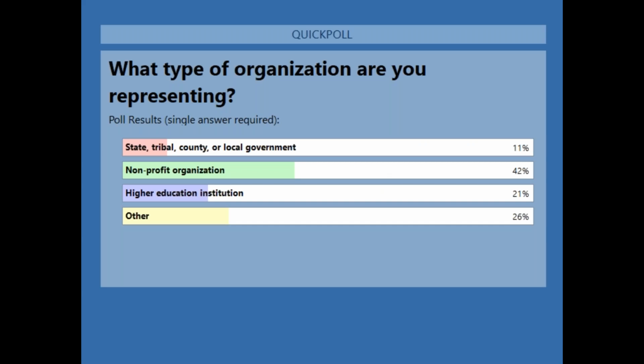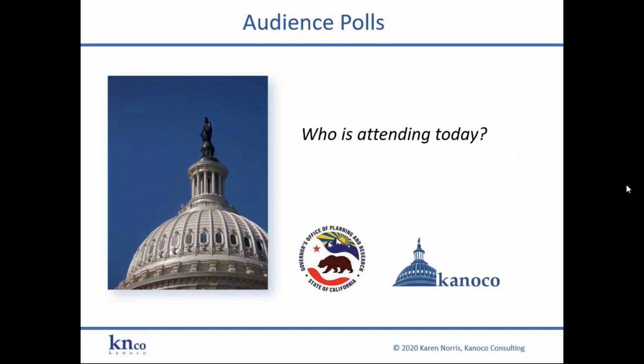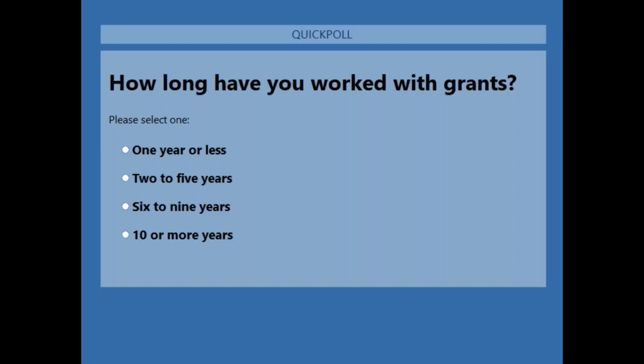We've got some state, tribal, county, or local government, nonprofit organizations, awesome, higher education institutions, and other. So that's great. So who is attending today? We've discussed. Now, how long have you worked with grants? If you could please answer this next poll.